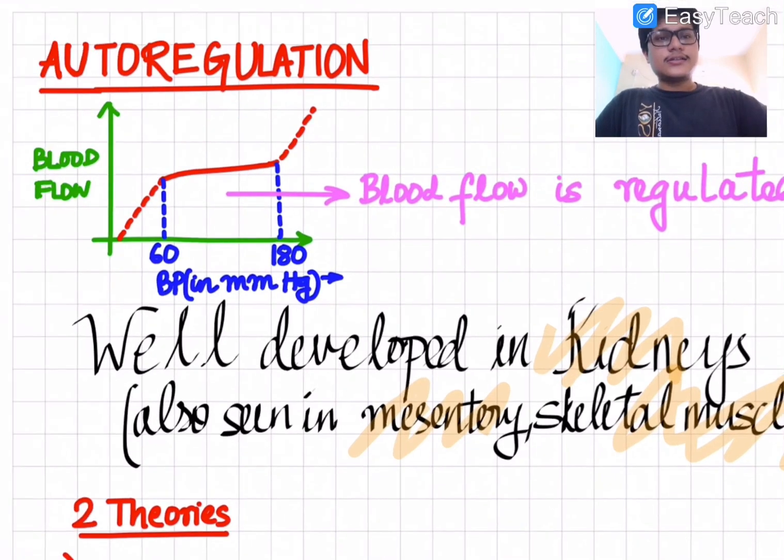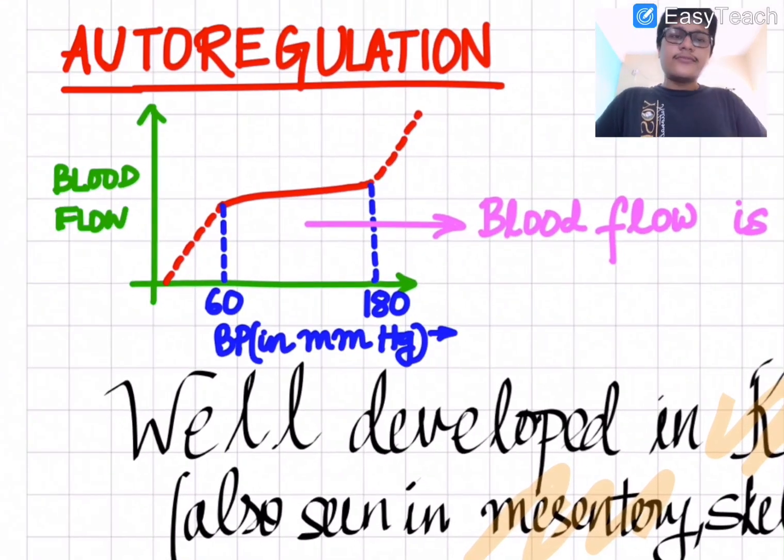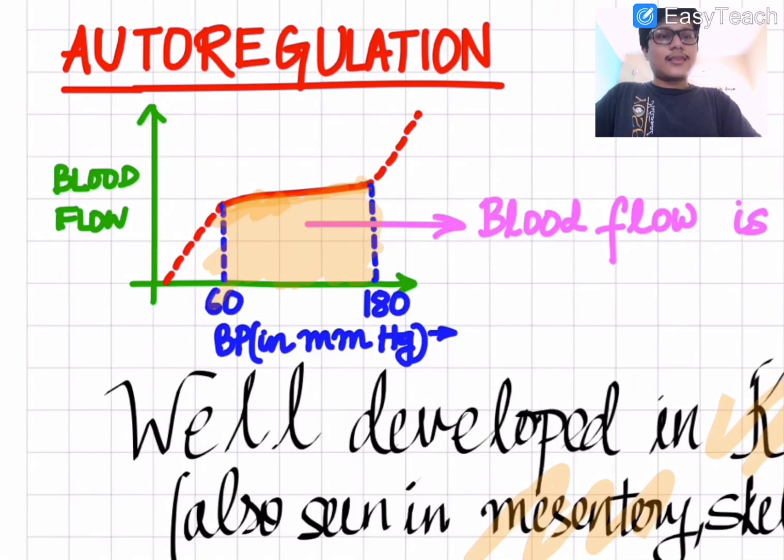What happens is that for a certain pressure range, the blood flow through an organ remains relatively constant. For example, in the kidneys, for a pressure range of 60 to 180, the blood flow is more or less constant. There is a very slight increase as the blood pressure is increasing, but it is technically very negligible. However, on either side of this range, there will be a marked fall or a marked increase in the blood flow.